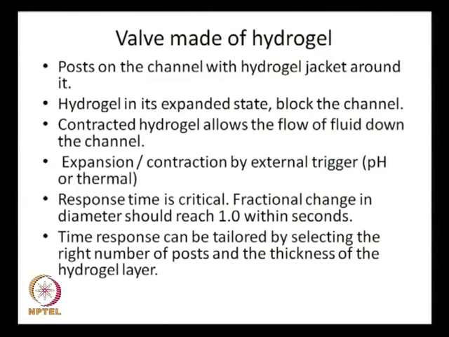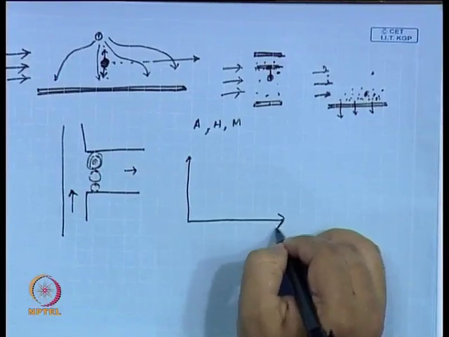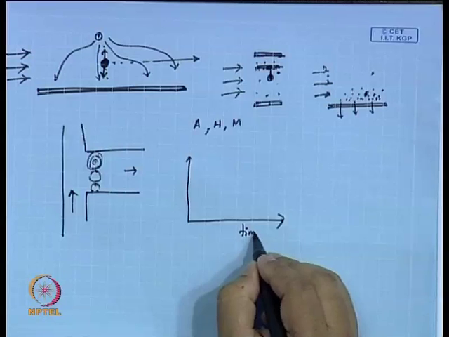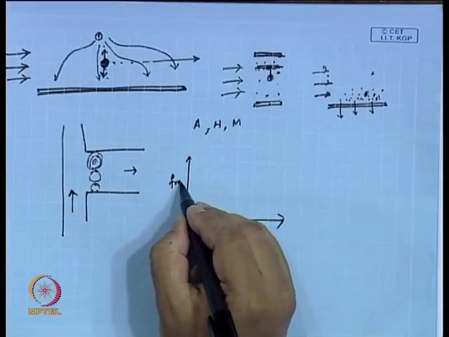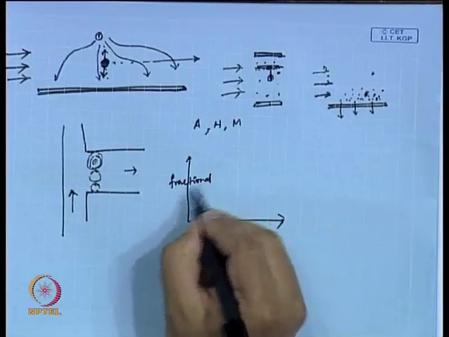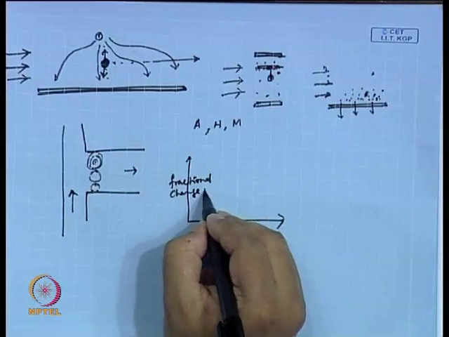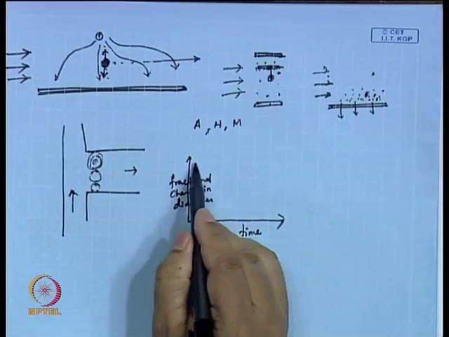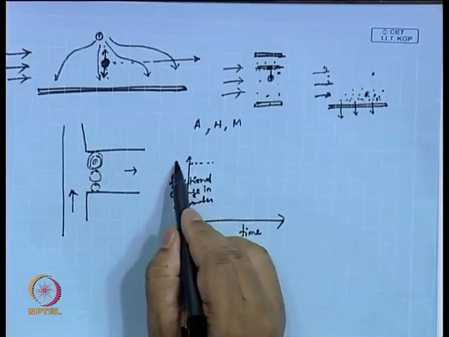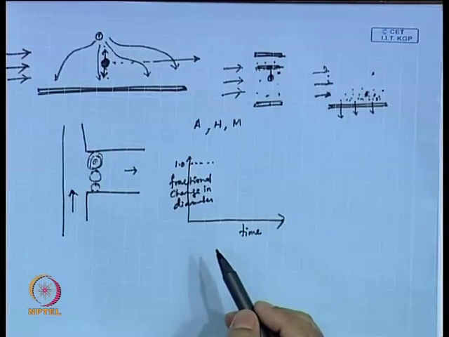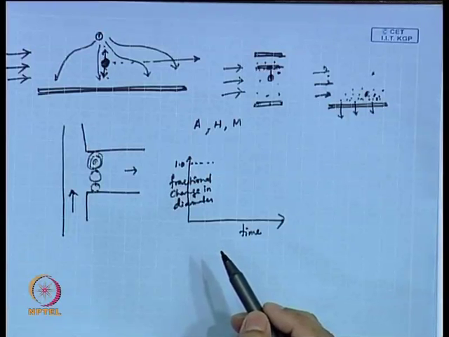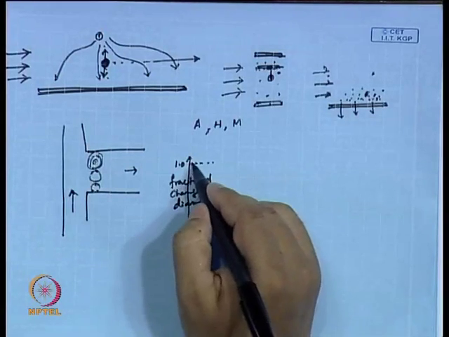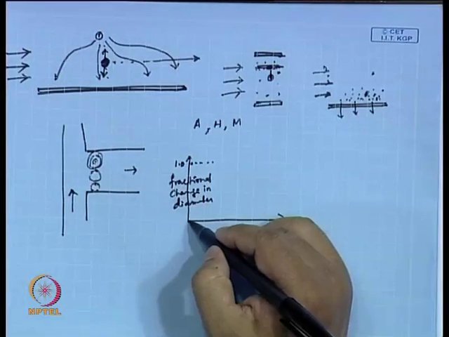That means, if you plot fractional change in diameter with time, so the final diameter is say 1.0, that is when you consider this to be closed. Okay. So, that is the point when you consider this to be closed.